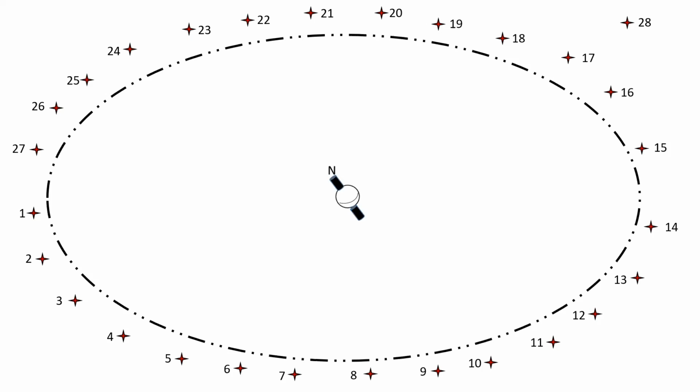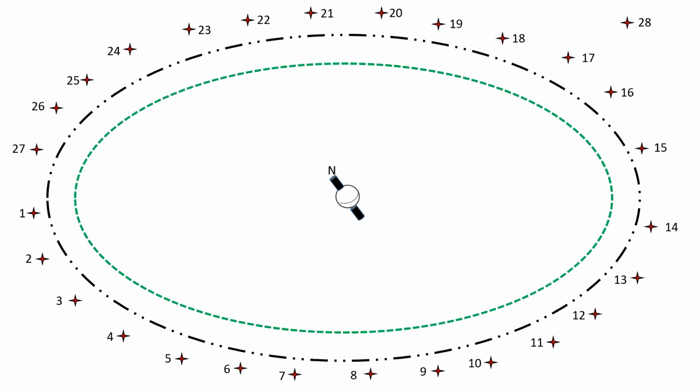So imagine the Earth is at the center. It is inclined at an angle, and that's all good. This dotted green ellipse, imagine this to be the reference plane of the sun's path, which is the ecliptic.